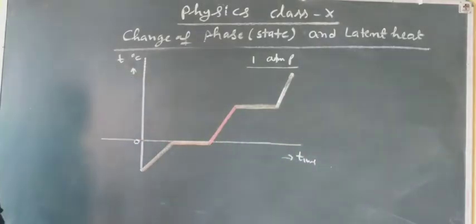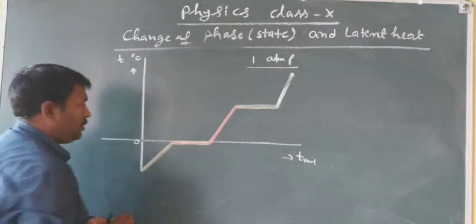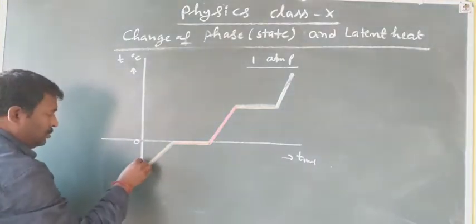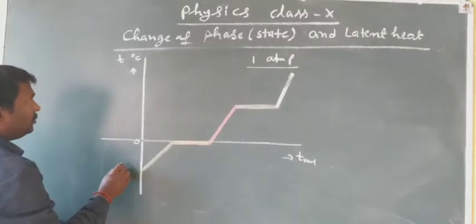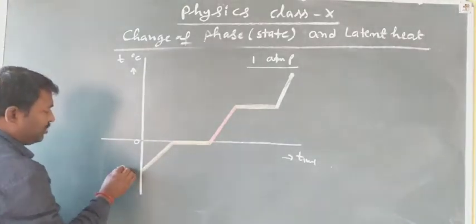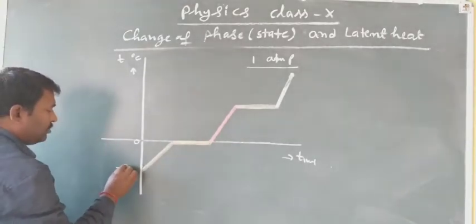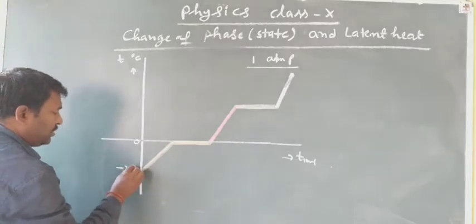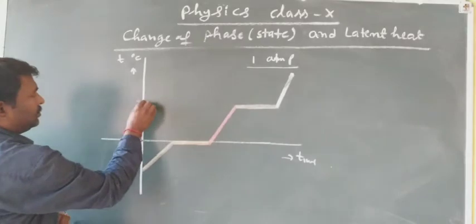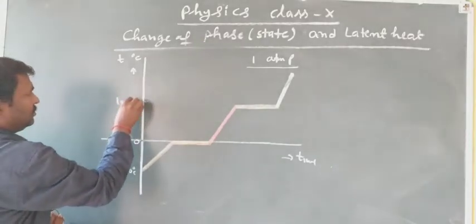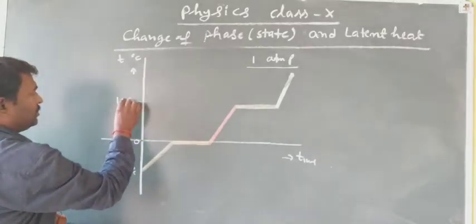okay. Now see, this is negative temperature, suppose minus 20 degree centigrade. This is at 100 degree centigrade.